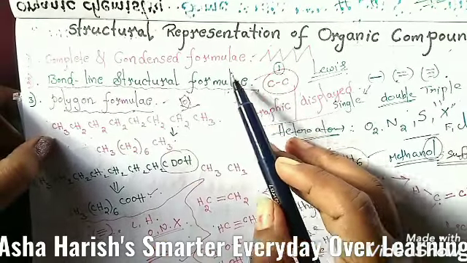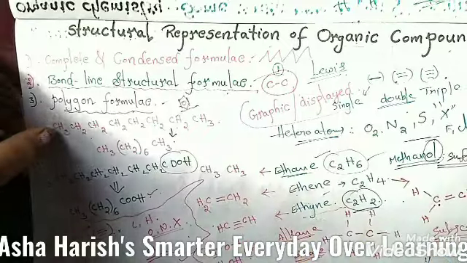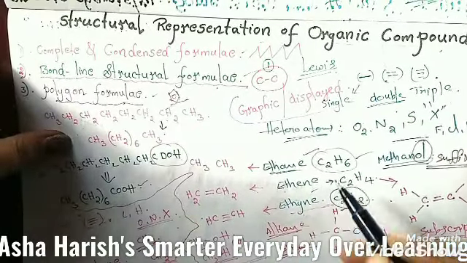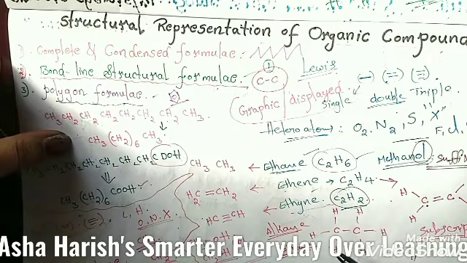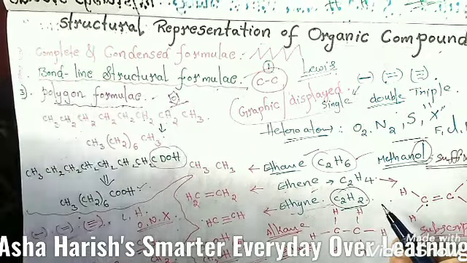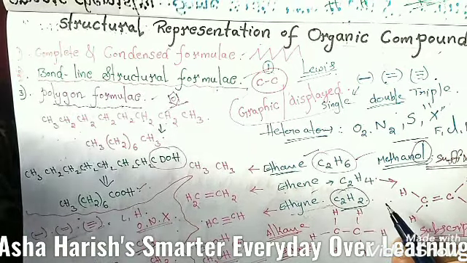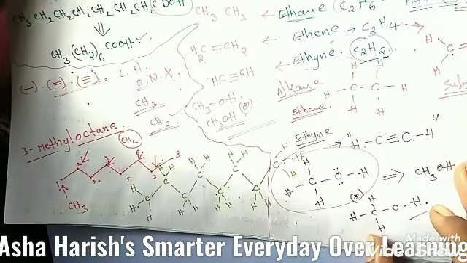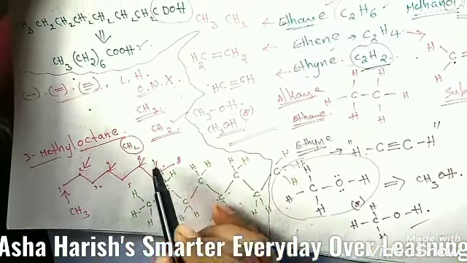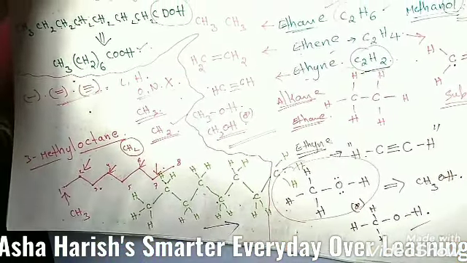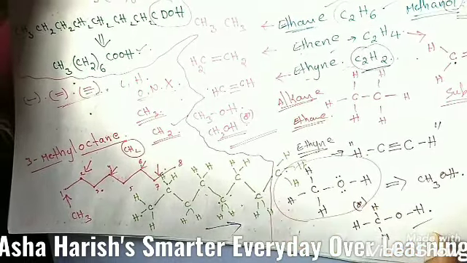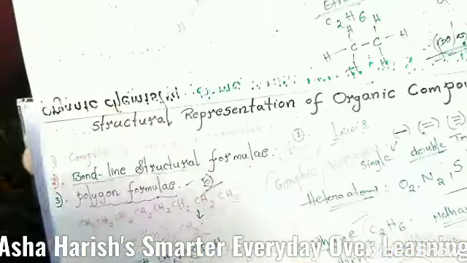In the first one, complete and condensed formulae, based upon the formulae of ethane, ethene and ethyne, alkane group and alkene group I have discussed with you. And dear students, next one is bond line structural formulae. Based upon bond line structural formulae, how can we write this 3-methyl octane, and where the CH3 group is located and where CH2 is located was also explained in this class.